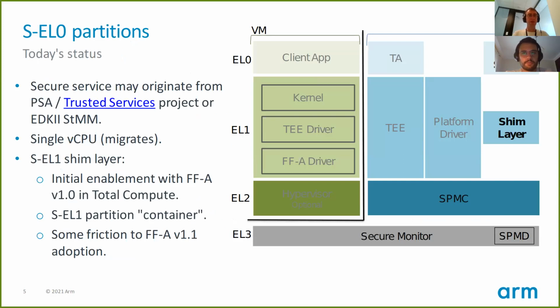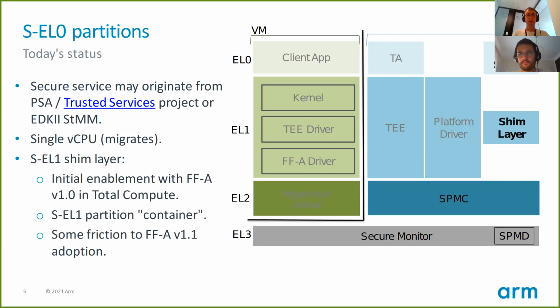So briefly about S-EL0 partitions, that's today's architecture using a shim layer at S-EL1. The secure service running at S-EL0 can originate from the Arm Trusted Services project or from a standalone blob from the EDK2 code base. In general, such a partition has a single vCPU which migrates across physical CPUs.